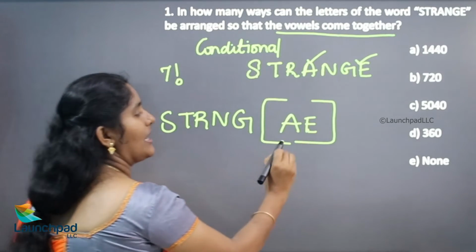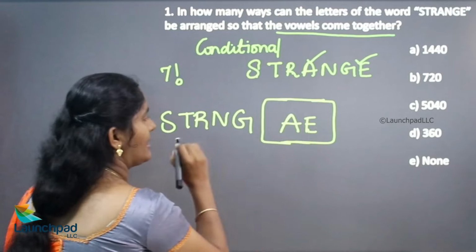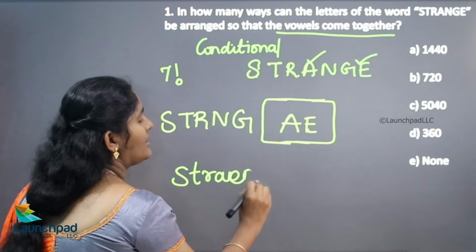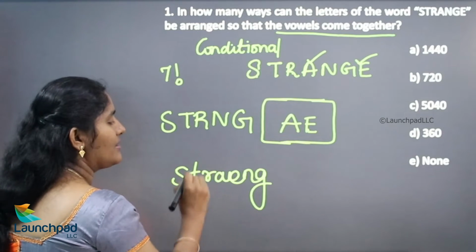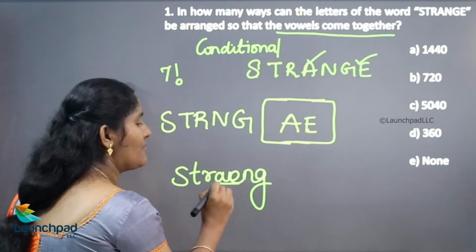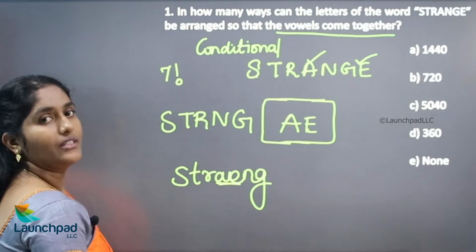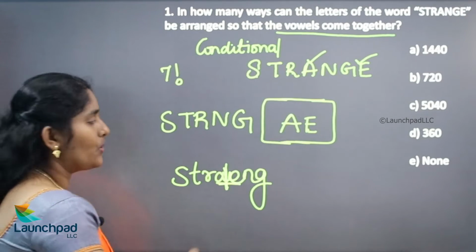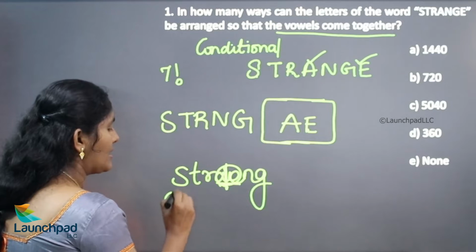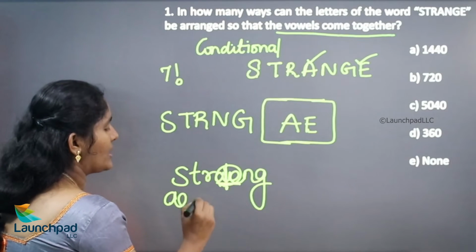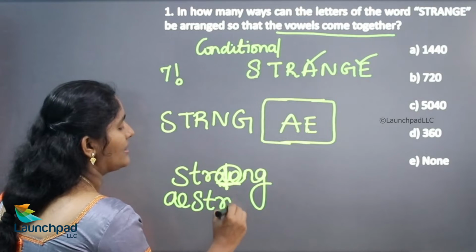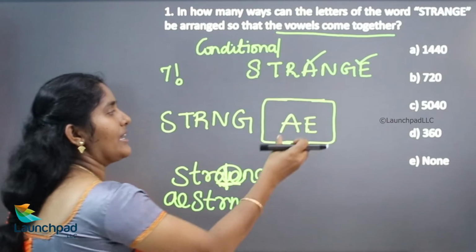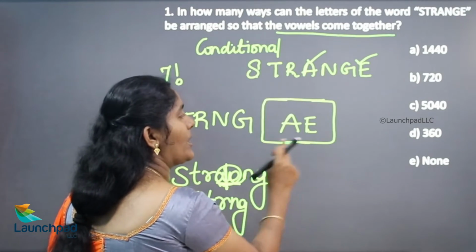Whenever I write the letters, S, T, R, A, E, N, G, in every arrangement A, E will come together. Other letters are not allowed between them. So wherever I move, AE will always be together: AE, S, T, R, N, G. In this case, AE will be put into one box.